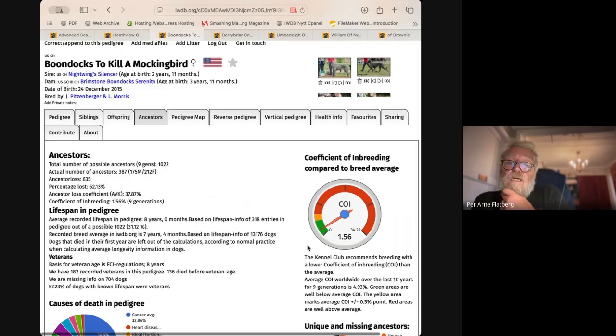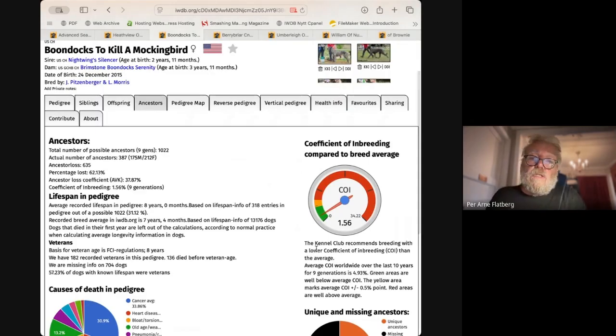But what you'll see here is that the green area on this meter has expanded, and the yellow one as well. That's because we are using the Royal Kennel Club of the UK's recommendations as a guideline here. They do recommend that breeding should be done with a lower coefficient of inbreeding than the average of the breed.